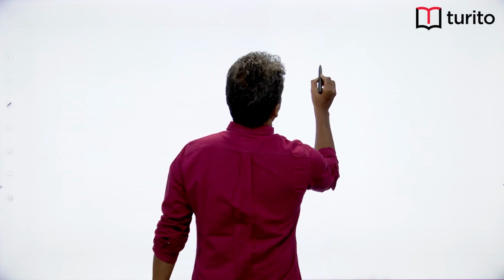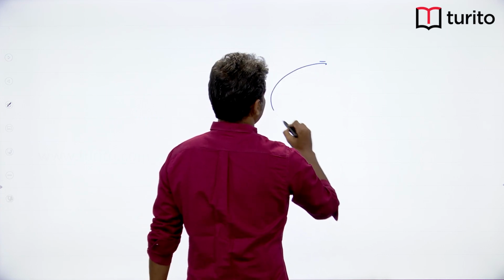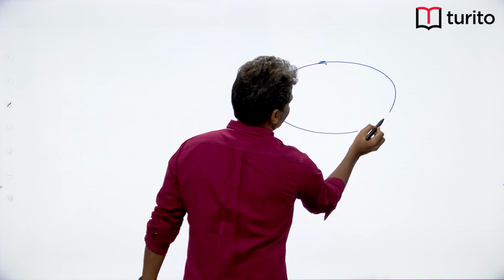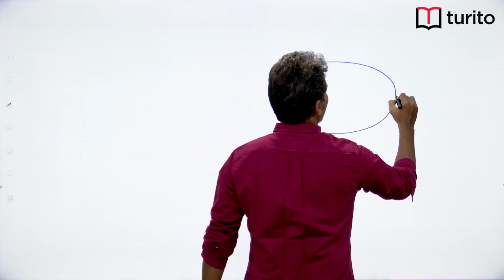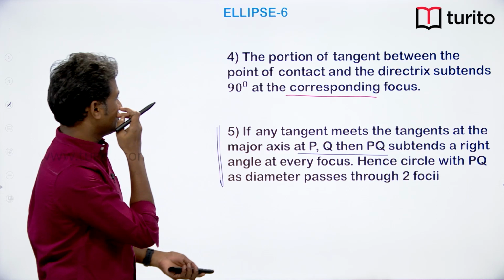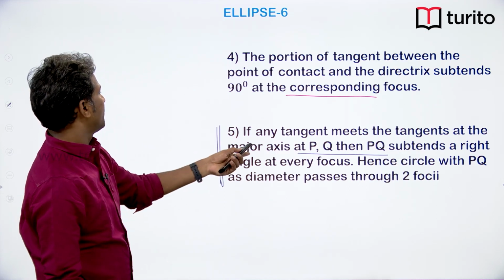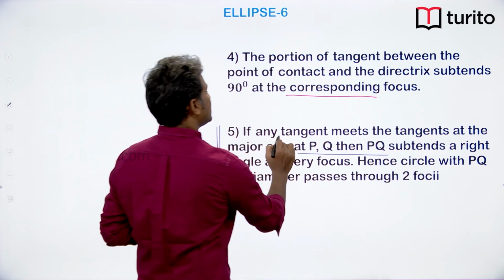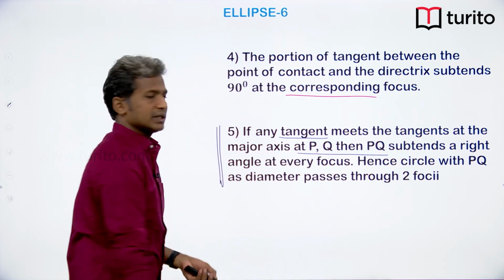So here we have one ellipse, and this is the tangent at this vertex. We have to make sure that the tangents meet the tangents at the vertex.